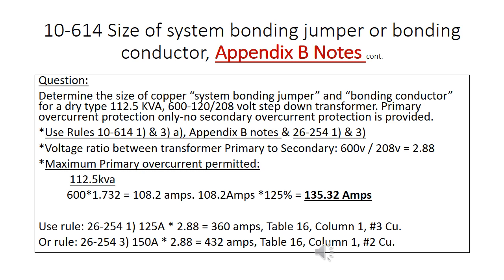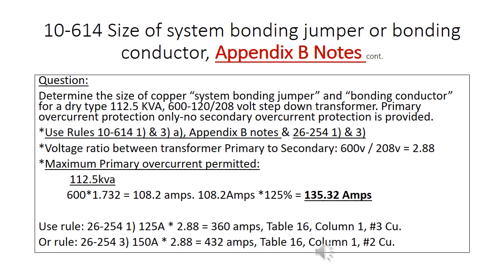Now, we have to increase our conductor size a minimum of 125%. So 108.2 amps times 125% gives us 135.32 amps. We use Rule 26.254, Subrule 1.